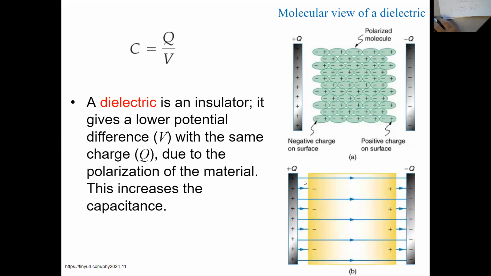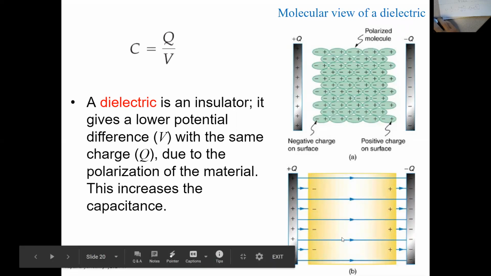In this figure, you can see the electric field lines partially disappear when they go through the dielectric, or the insulator. Either insulator or dielectric, they are the same. So you can see the electric field line density will be reduced.